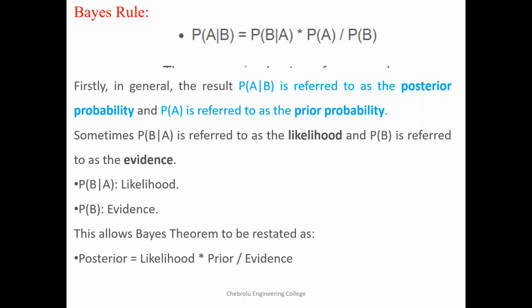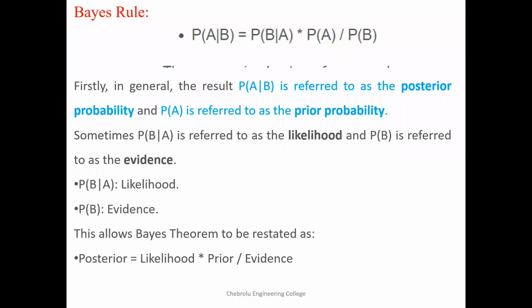P of A given B is equal to P of B given A into P of A by P of B. This is called Bayes rule. You can see it with an example also. In general, the result of P of A given B is referred to as posterior probability, and P of A is referred to as prior probability. These terms are relatively new to computer science students, but you all might know these terminologies from intermediate itself.